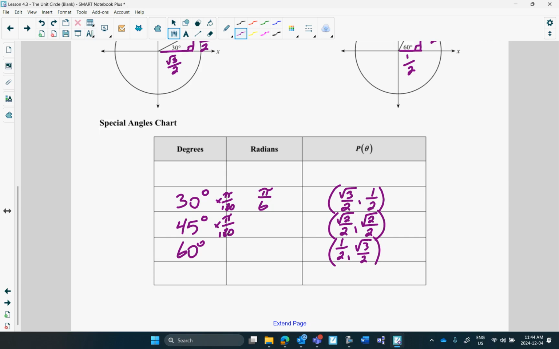What's that one? 45 pi over 180, which reduces to, what's 180 divided by 45? Take a guess? 4 is right. 60 degrees times pi over 180, that's a little easier to reduce. Pi over 3. Don't worry, you'll remember these. Okay, you will.